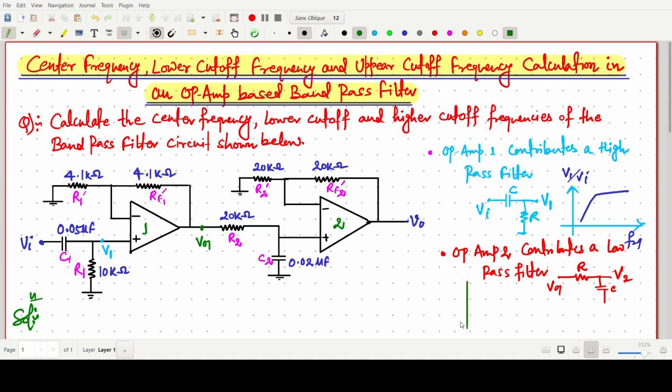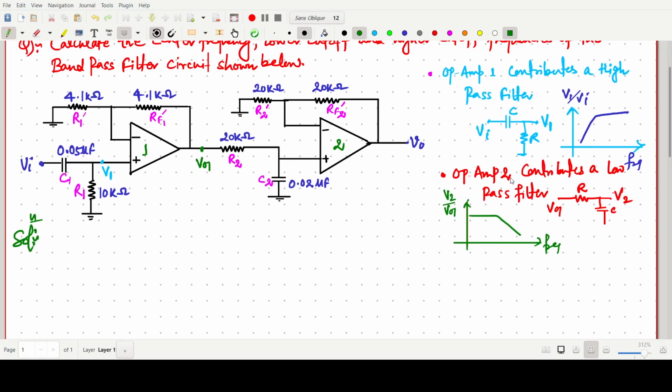If we draw it, it will go like this. The gain V2 upon V01 with frequency goes like this. Clear? And when both are combined, it will give a band pass when cascaded.